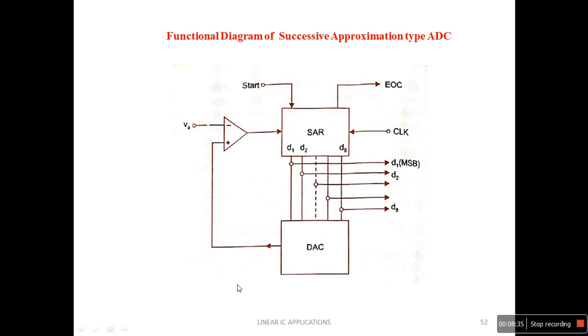Say I have some unknown weight on one side. Initially, as per this procedure, first we put the 8 kg weight. If the unknown weight is greater than 8 kg, we keep that 8 kg as it is and put another 4 kg.